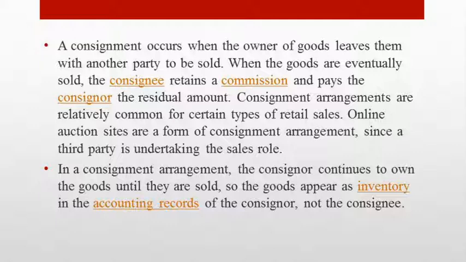Consignee is a person who is appointed by the consigner to sell the goods on behalf of him. Therefore, consignee has to sell the goods on behalf of consigner, but he charges commission for that. This extra commission charged is also called del credere commission.